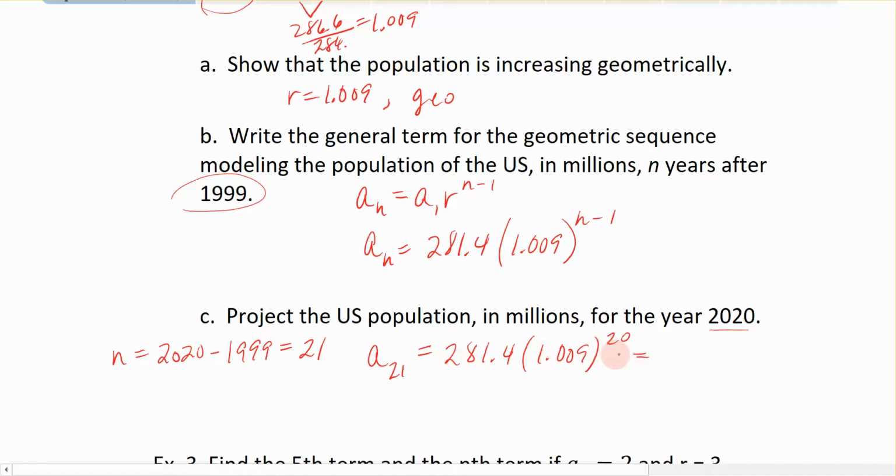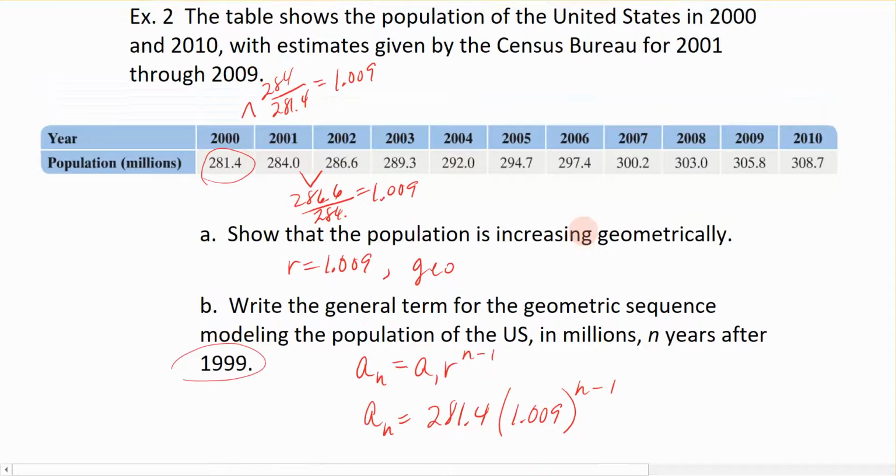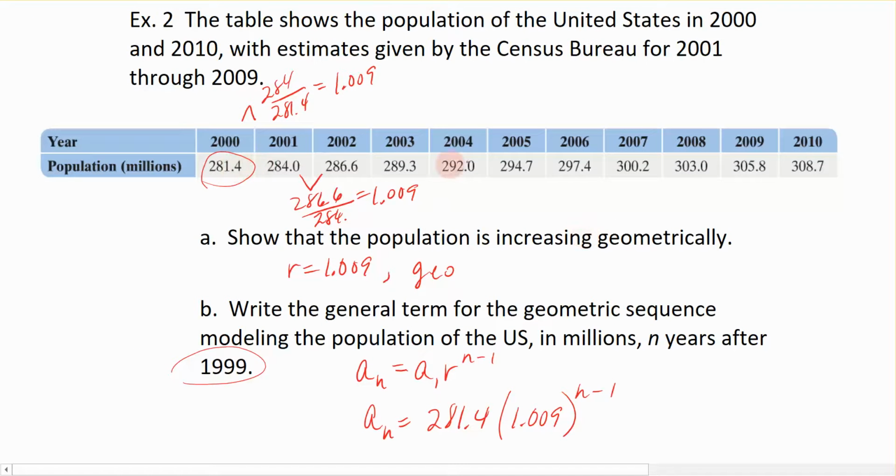When I multiply that out on the calculator, you get approximately 336.6 million people by 2020. And that's how we can use a geometric sequence on our population to project it into the future.